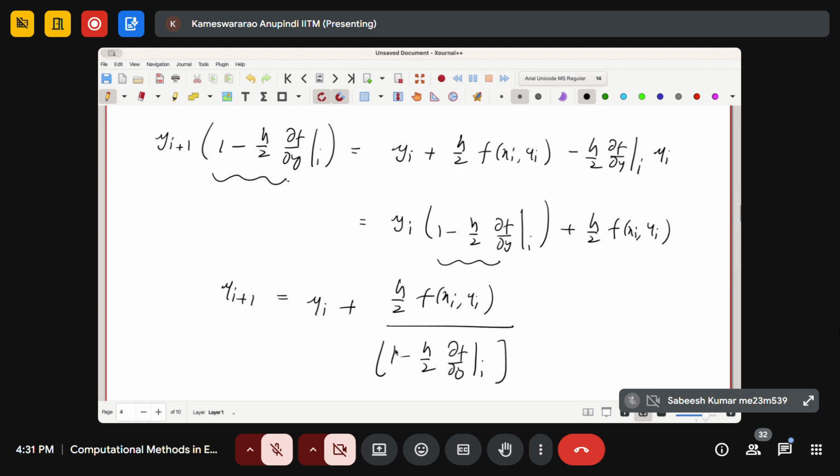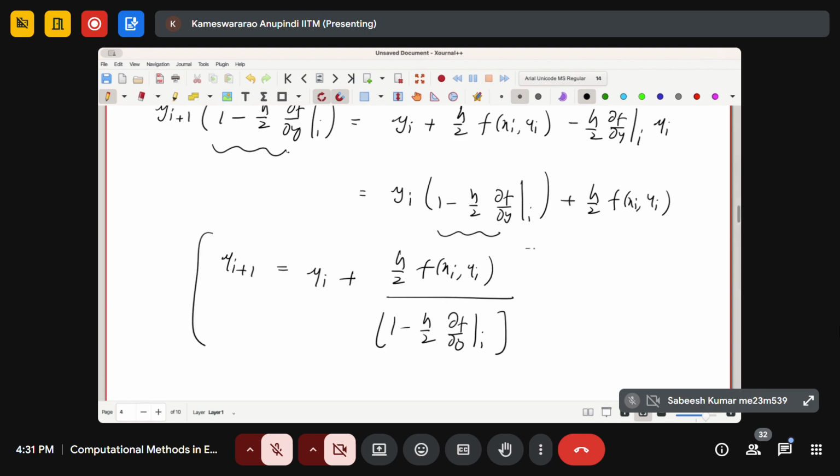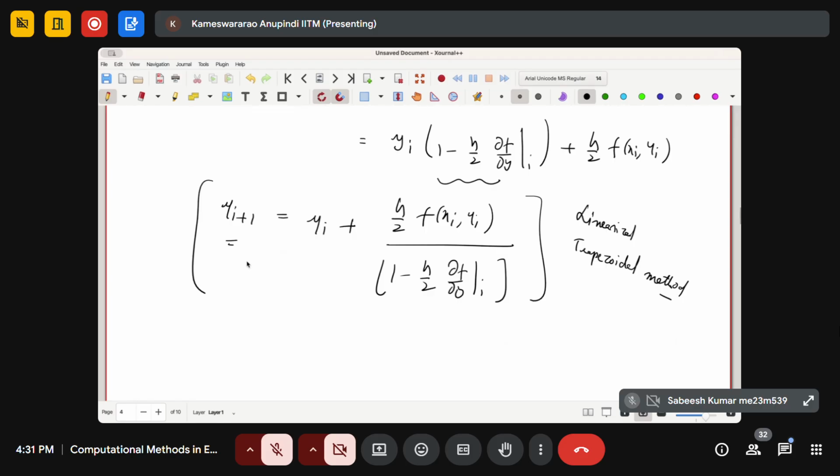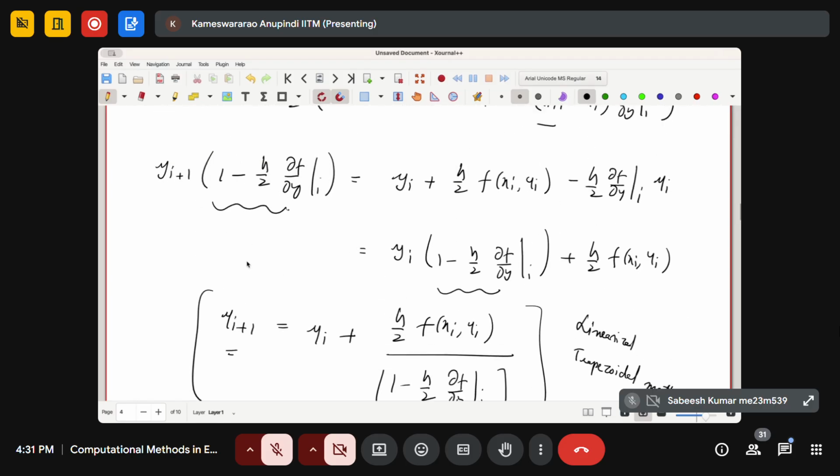So that is the linearized trapezoidal method, which doesn't require iterations to calculate y_{i+1}. Fine, so that's about the trapezoidal method.